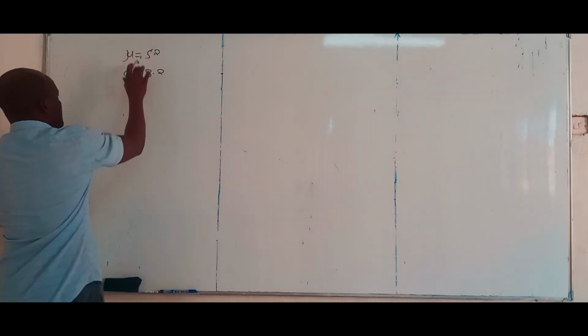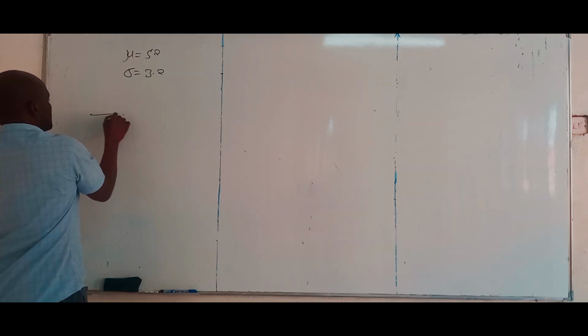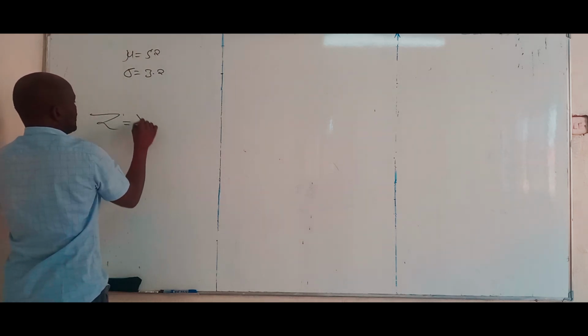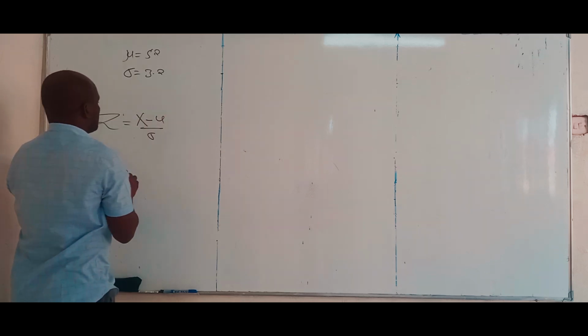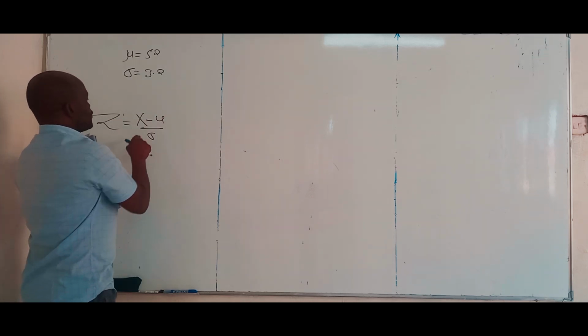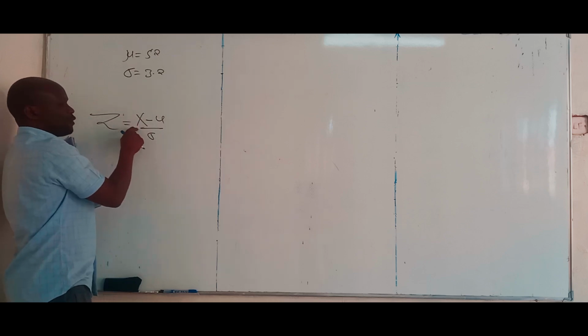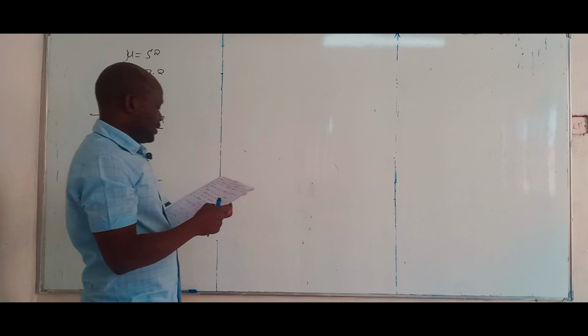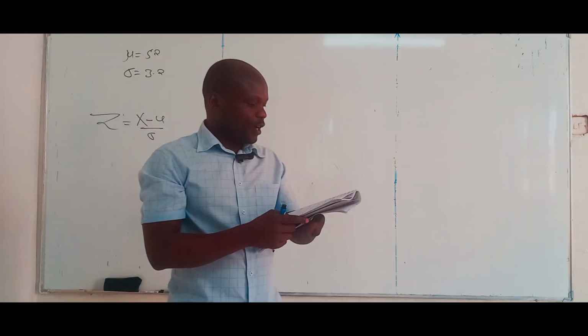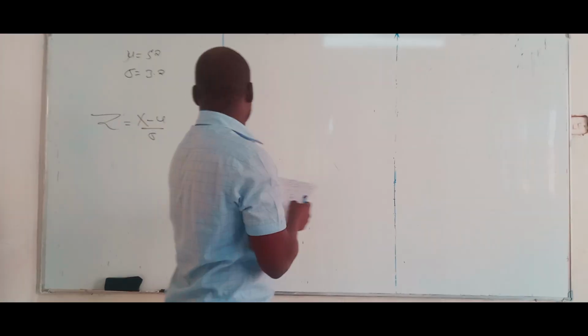With these statistics, we remember the z-score is given by x minus mu over the standard deviation. So x will be our observation of interest, like in question 1, the probability that the output is greater than 48 bags.